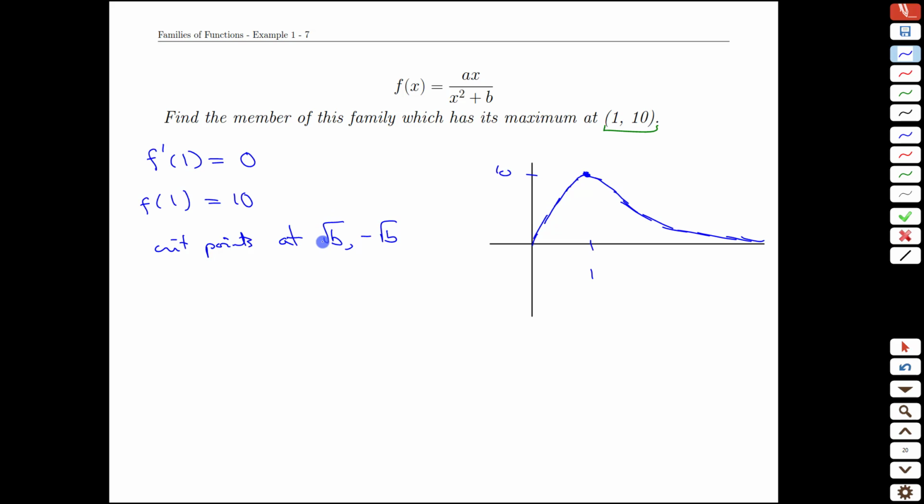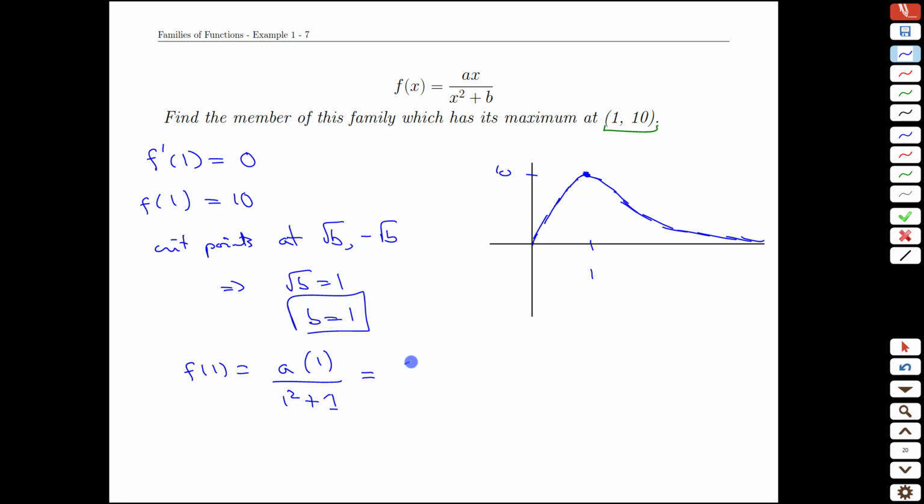Well, that makes this easy because we want the critical point to occur at 1, and so the b value we have to make that work is going to be 1. Once we have that piece of information, then we can talk about the value of the function. We also need to know that f of 1 is 10, but f of 1 plugged into this formula here is a times 1 over 1 squared plus, we already have our b value, so that's 1.